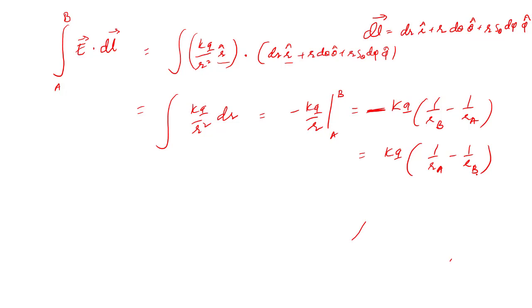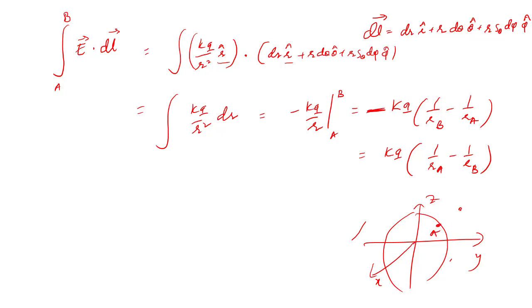Now this is for going, say, in three-dimensional space, from let's say point A here to point B here. So it's going this way, let's say. Now what happens if you complete the loop?